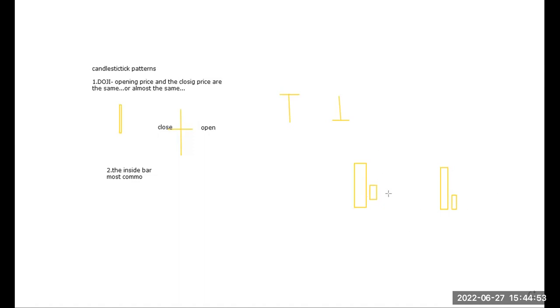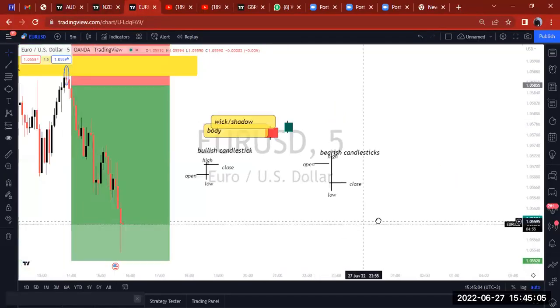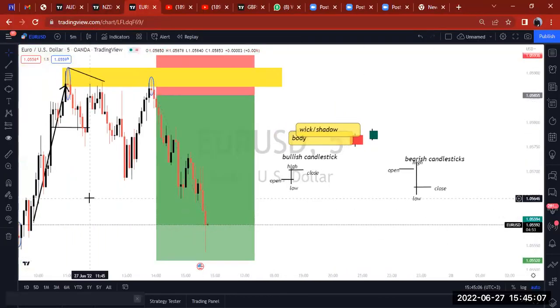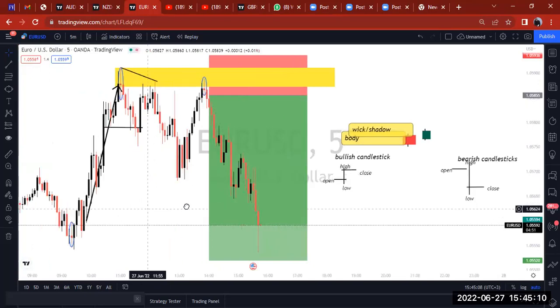It can be considered as a continuation signal in trending markets. Let us look at this example.